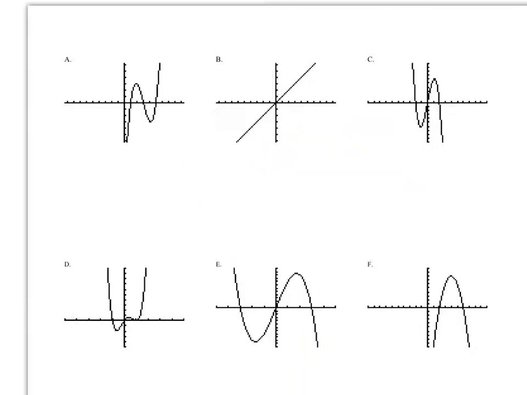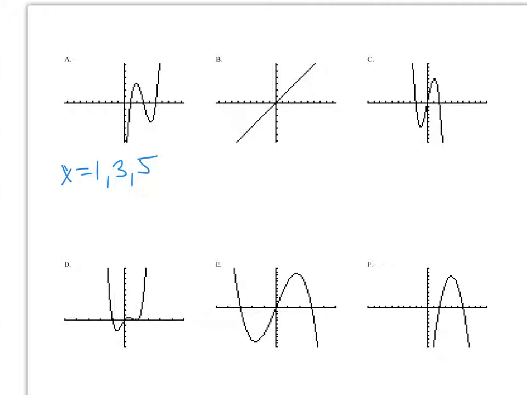Okay, here are the graphs that we want to match those functions with. So let's take a look at these and then figure out which one goes with it. So for letter A, we can identify that there are x-intercepts at +1, +3, and +5. All right, now it goes down to the left, up to the right.